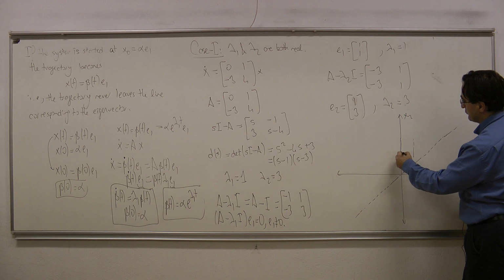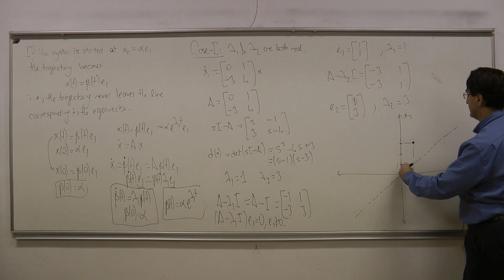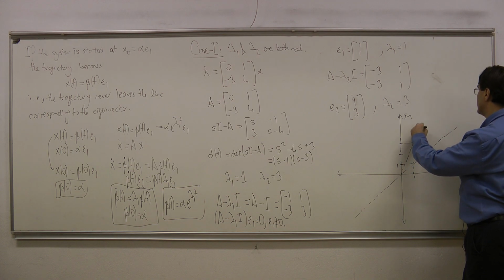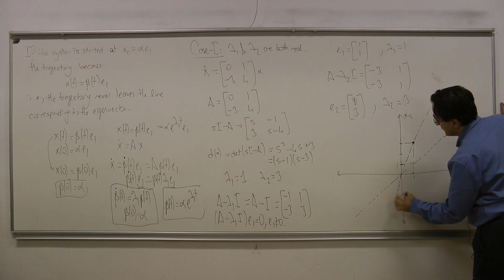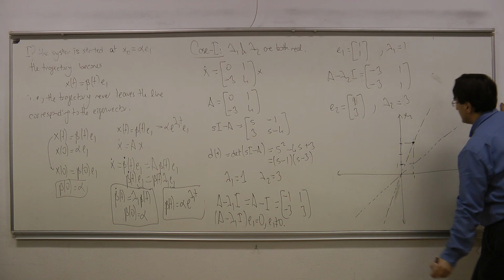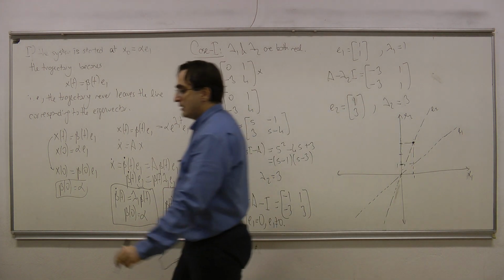It's 3 times this one. So I would take this point. So the eigenvector line is going to start from this point, pass through that point, and it's going to give me something like this. So I have the line corresponding to the first eigenvector, E1, and the line corresponding to the second eigenvector here.